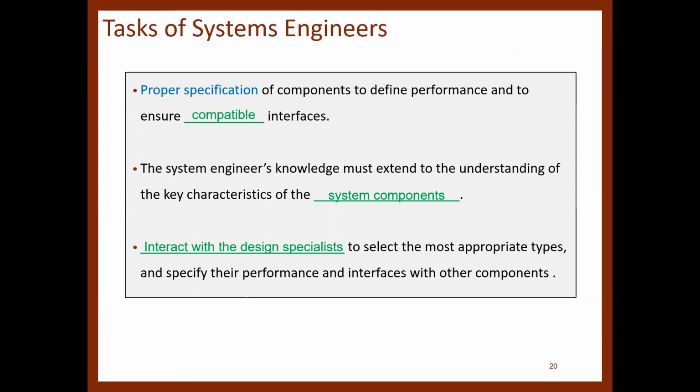If you have that knowledge, then you'll be able to interact with the design specialists to select the most appropriate types and specify their performance and interfaces with other components. Okay, so again, that's very important. The knowledge must extend to the understanding of the key characteristics of the system components.